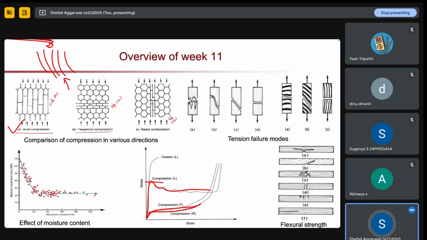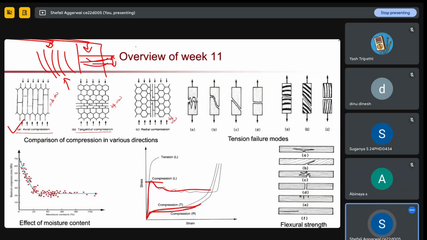And in terms of axial or longitudinal, you have one layer and above that another layer. So if this is the bark, and you are loading in this direction, these different layers will compress, and there will be some gaps, so before failure it can sustain more load.